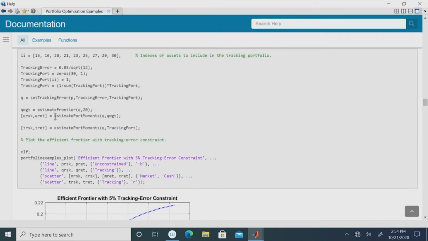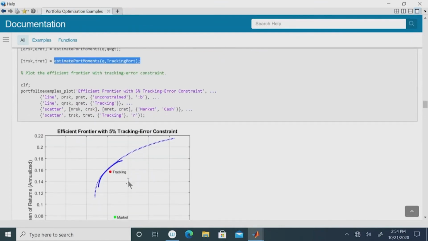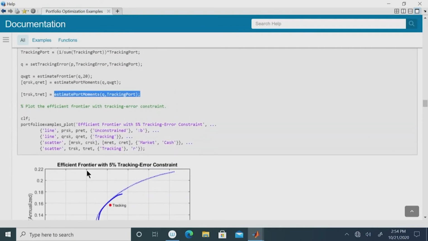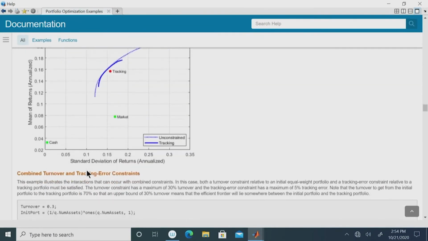So, here we will estimate the portfolio moments and the weights, and then the one with the tracking portfolio. Now we will calculate the efficient frontier in both scenarios.